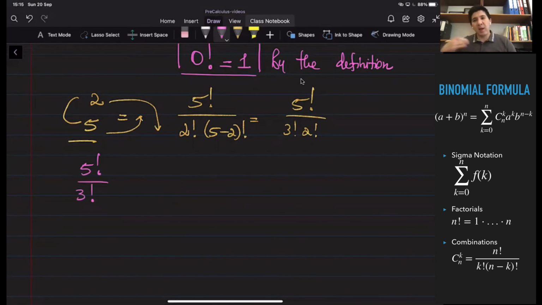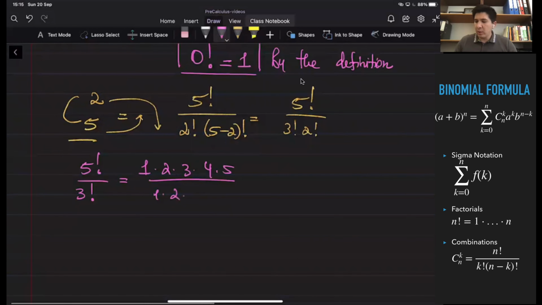We can easily cancel lots of terms, because 5 factorial means the multiplication of the numbers from 1 until 5, and 3 factorial means the multiplication of the numbers from 1 to 3, right? So we can cancel those terms, and the answer is going to be 3 times 4 times 5 only.